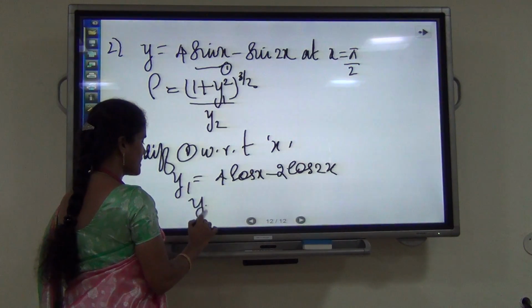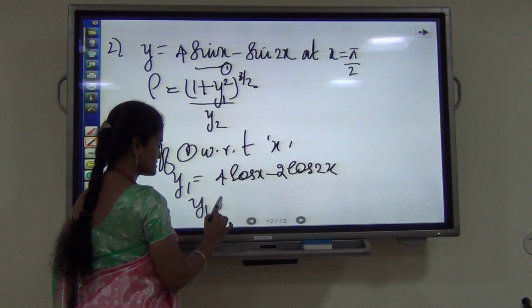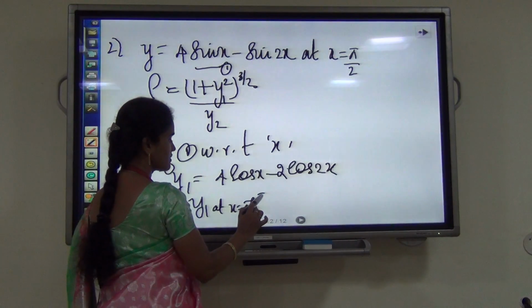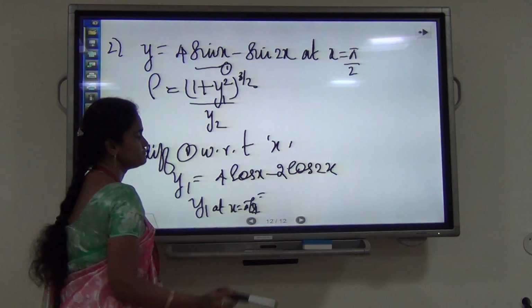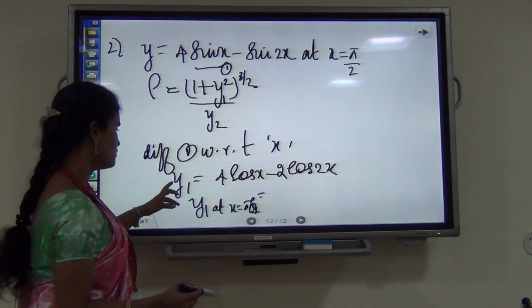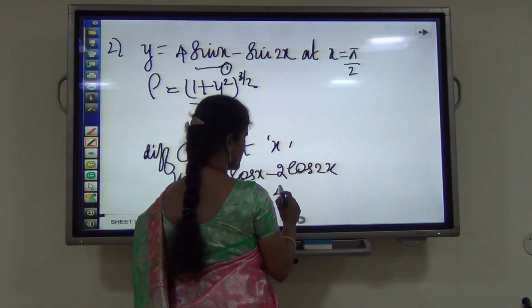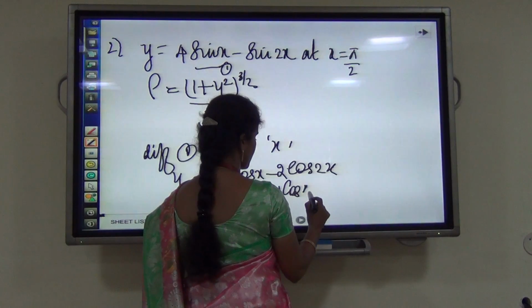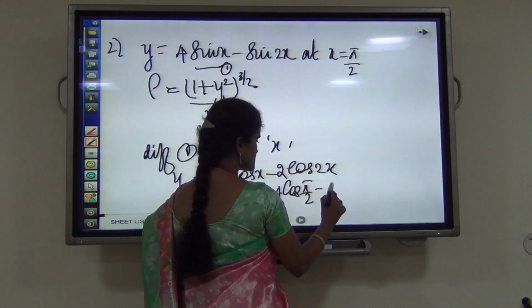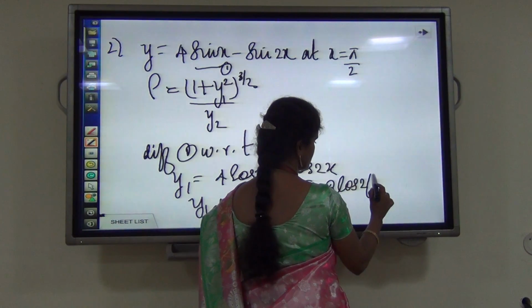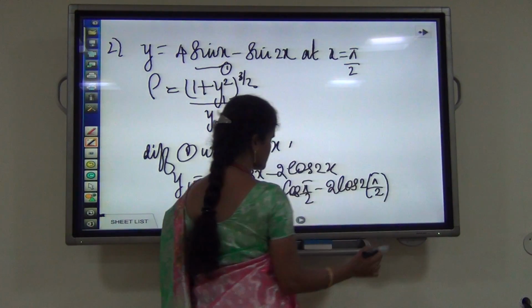Now we require y1 at x is equal to pi by 2, the value of the derivative y1 there. So it is 4 cos pi by 2 minus 2 cos 2 into pi by 2.